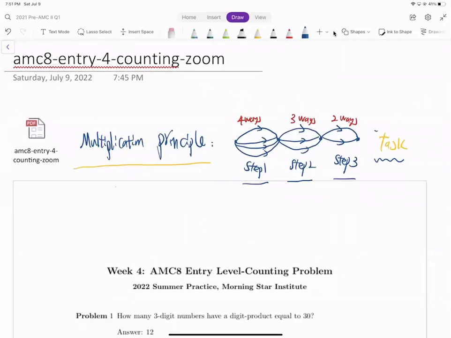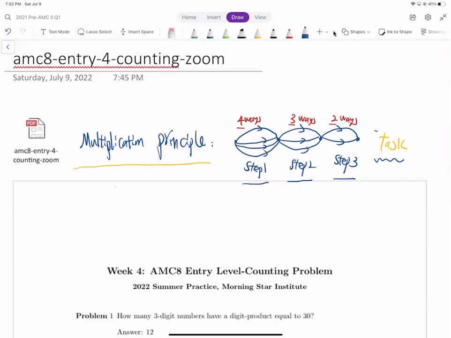And also in each step, there are one or more ways to finish the step. For example, say we have 4 ways to finish step 1, 3 different ways to finish step 2, and 2 different ways to finish step 3.